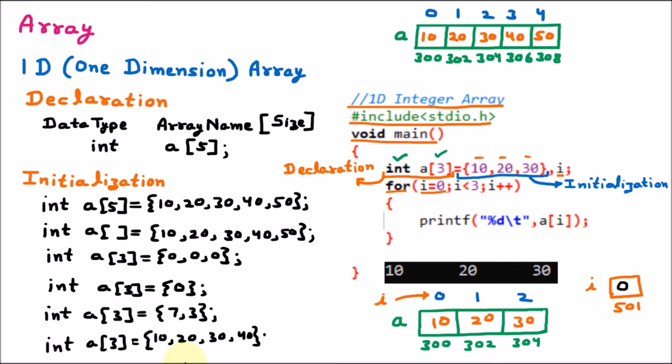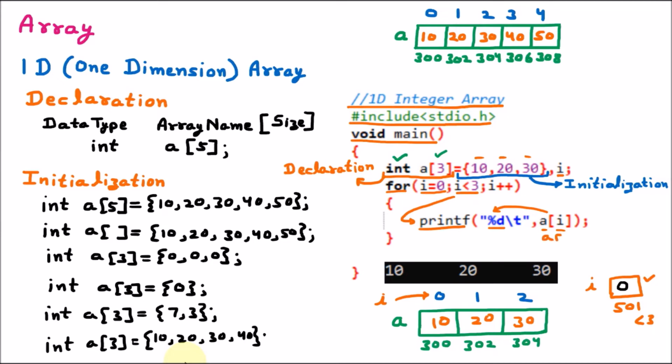And afterward i<3. So 0 less than 3, the condition is true, and further it will come down. Here printf means print on the screen, %d for the integer value. So %d will take the value from a[i]. We know that the value of i is 0.